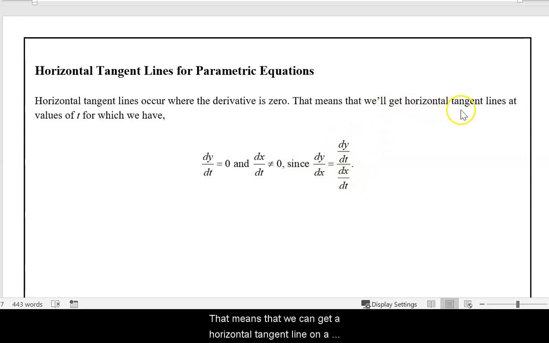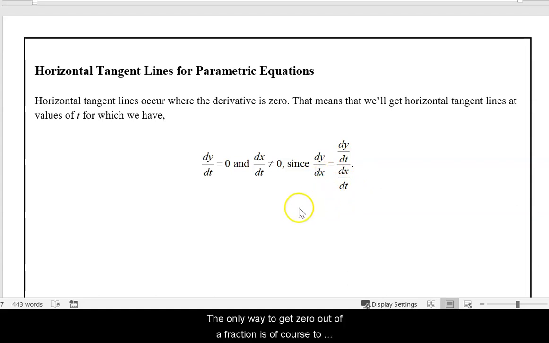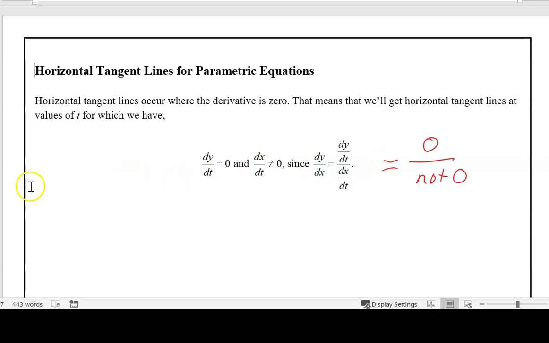That means that we can get a horizontal tangent line on a parametric curve provided that the derivative of the numerator, dy/dt, is 0, and the derivative of the denominator, dx/dt, is not 0. The only way to get 0 out of a fraction is, of course, to have 0 in the numerator and not 0 in the denominator.